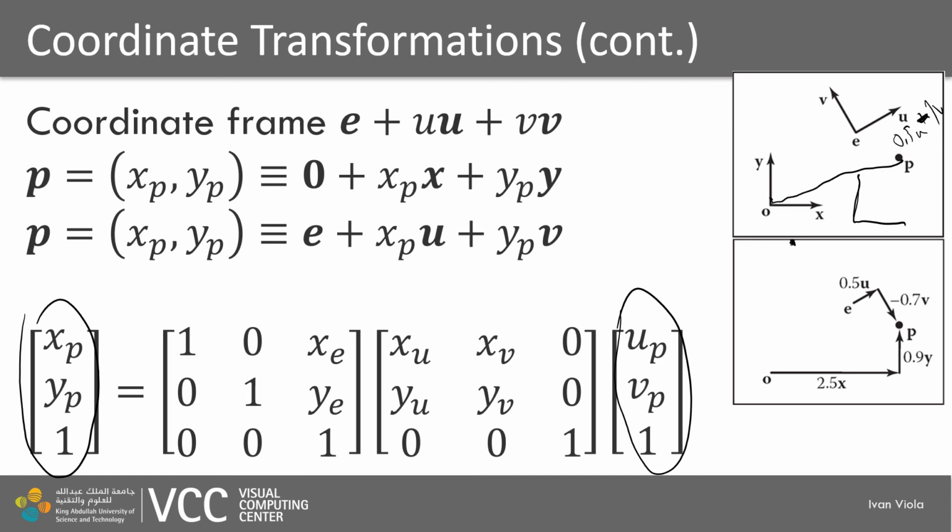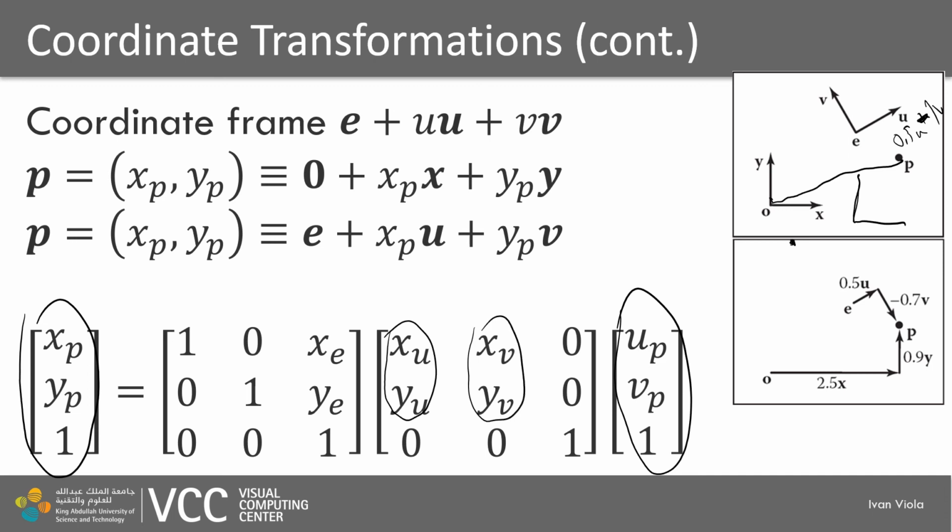will be by the x and y coordinates of the point E. Keep in mind that while here we are using the u and v coordinates of the point, in the matrix we are expressing the coordinates of our u vector in the xy coordinate system, and these are the coordinates of our v vector in the xy coordinate system.